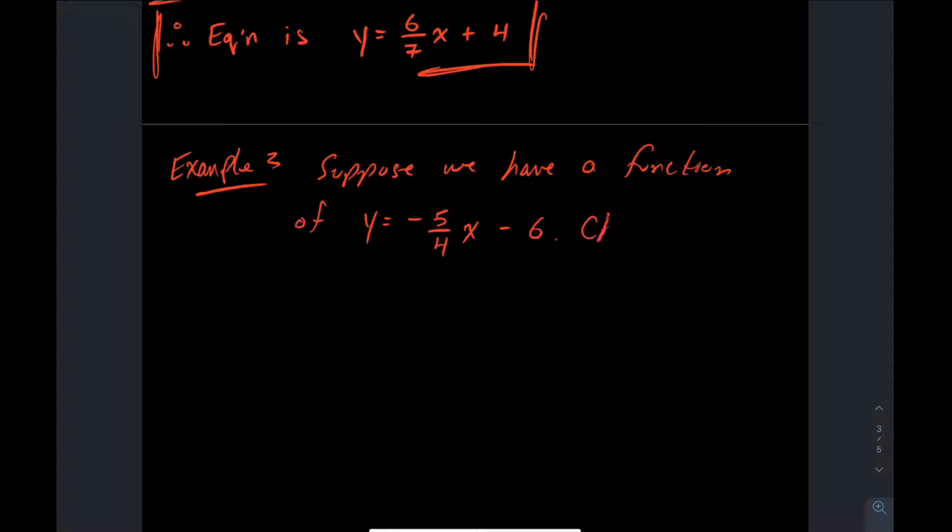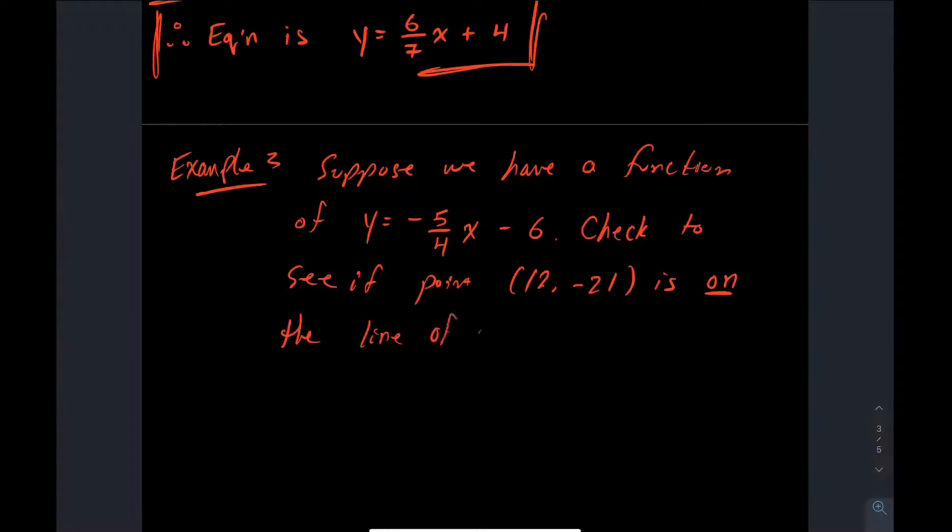And let's say that we want to check to see if the point 12, negative 21 is on the line of our function.